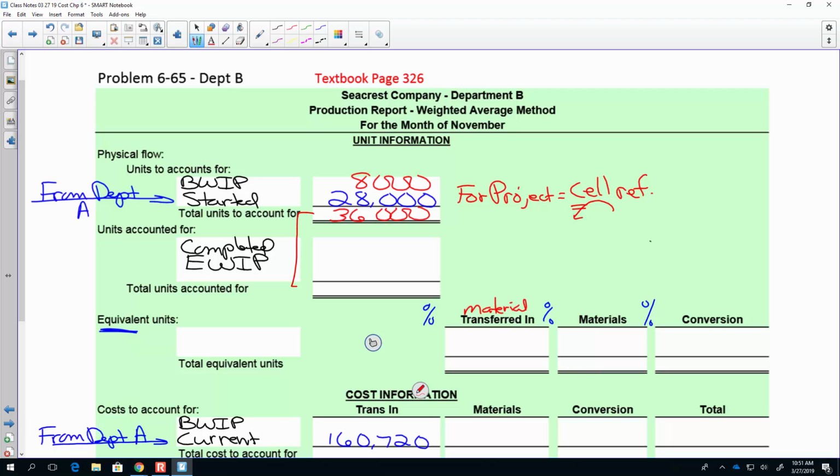Must match what? Bottom one? What other number did they give me in Department B? It's got to be units, though. I want just the units, not dollars.